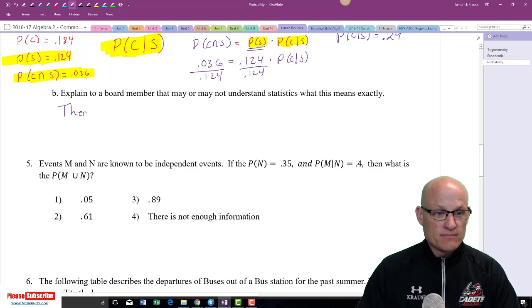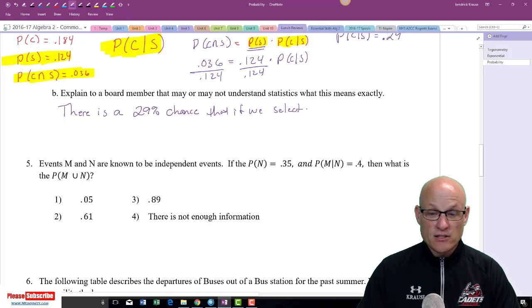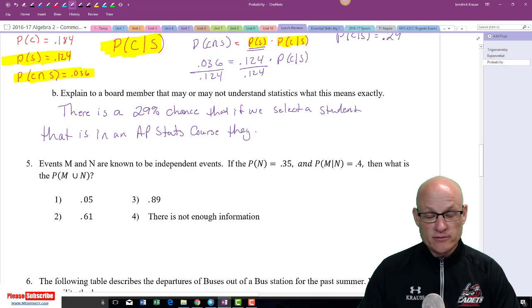There is a 29% chance that if we select a student that is in an AP stats course, they will also be in AP Calc.